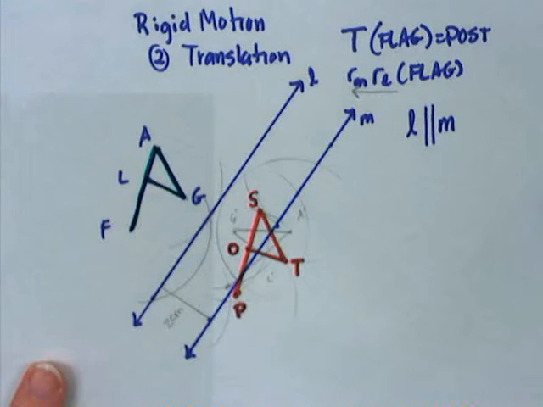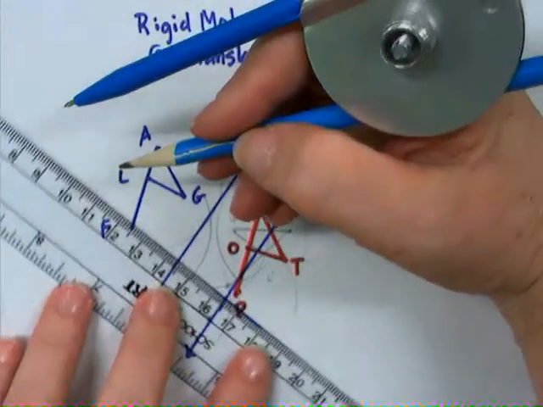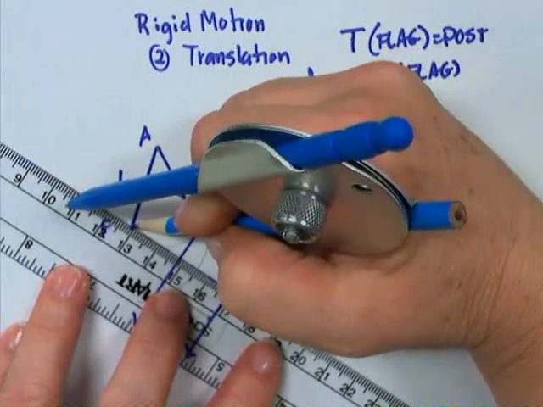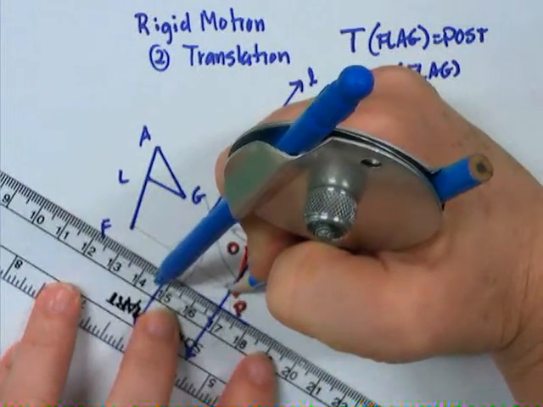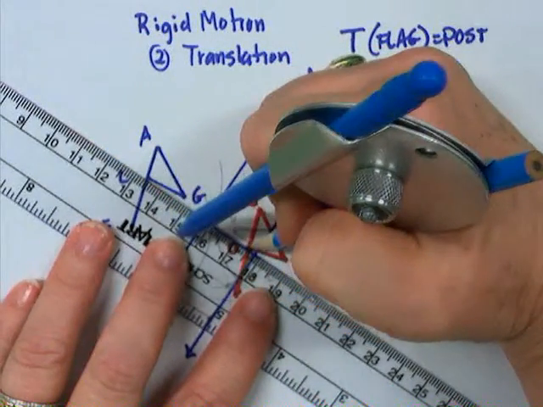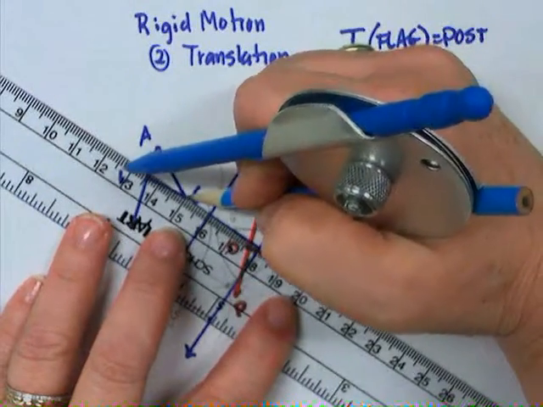Now, that slide that I'm doing is a vector. The slide that I'm doing is 4 centimeters long, you can tell that, and it's in the direction perpendicular to the parallel lines. It is, again, 4 centimeters long.